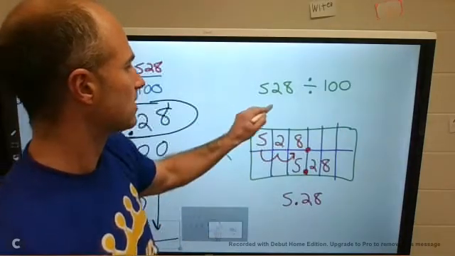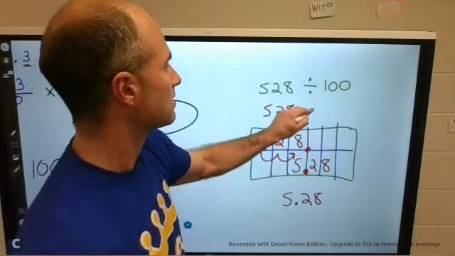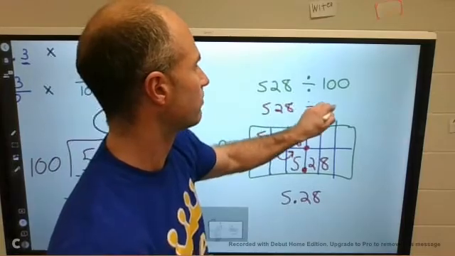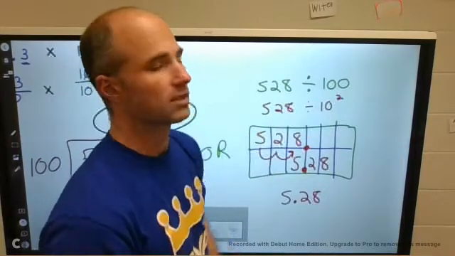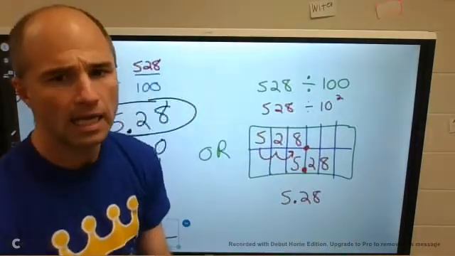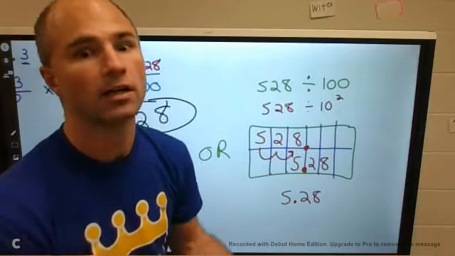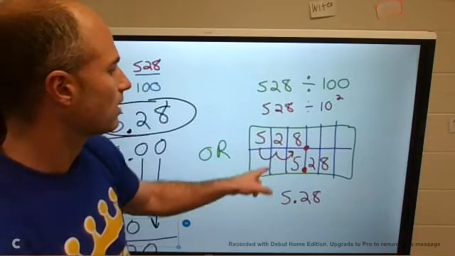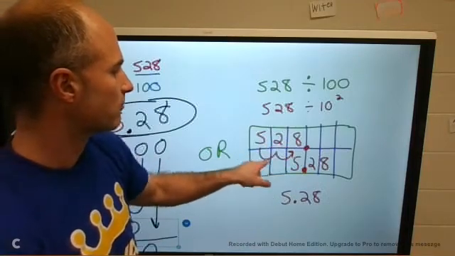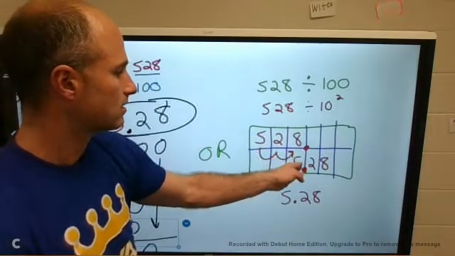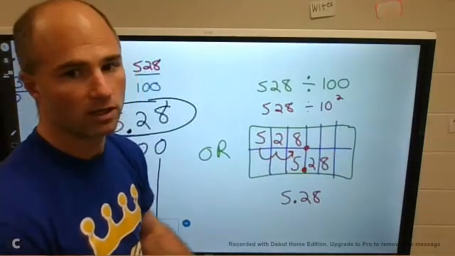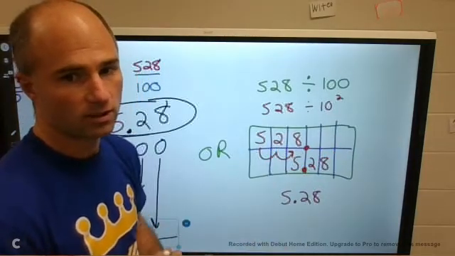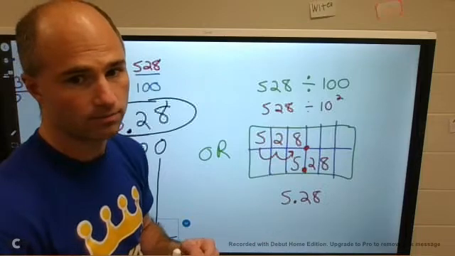It's just like saying 528 divided by 10 to the second power. Oh, exponents again? Yes, exponents again. It's good practice. So it shifts 2 times. The decimal shifts over twice, and everything follows it, and gives you the answer of 5 and 28 hundredths. A lot easier, isn't it?